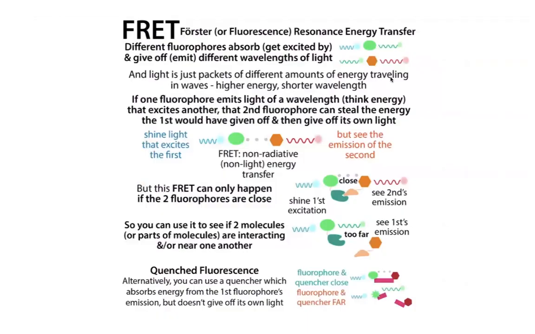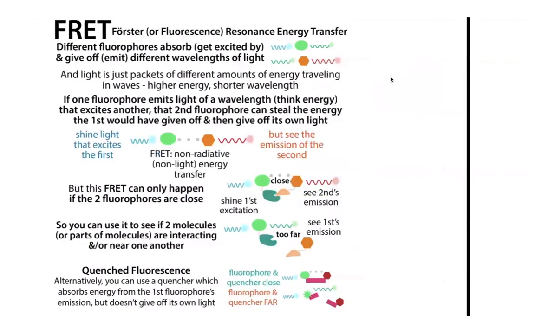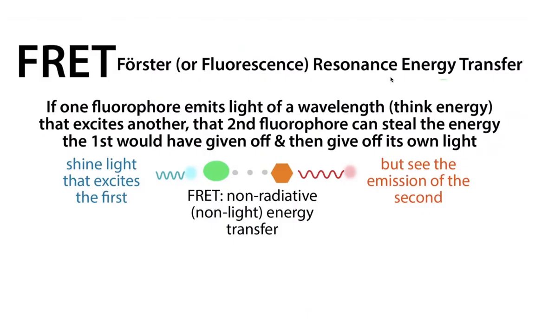One of the ways that having a lot of options is great is by being able to combine different fluorophores to do FRET experiments. FRET stands for Förster or Fluorescent Resonance Energy Transfer. Basically, if you have two fluorophores nearby one another, and one fluorophore emits light of a wavelength, and remember, when we're thinking about a wavelength, just think about energy.